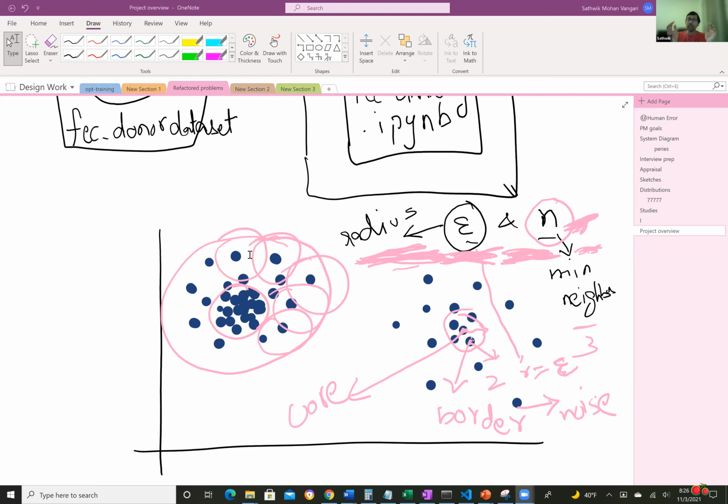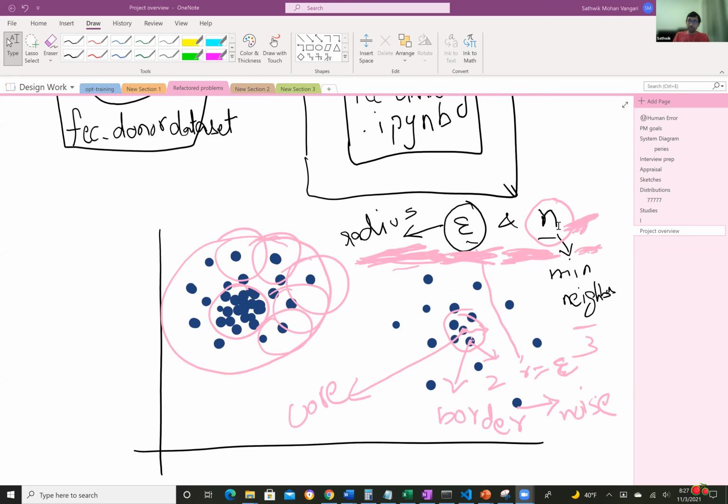So if there are a number of points inside a circle, it compares the number of points inside the circle for a specific point to the minimum number of neighbors that we have also defined. That's the other value we will define.